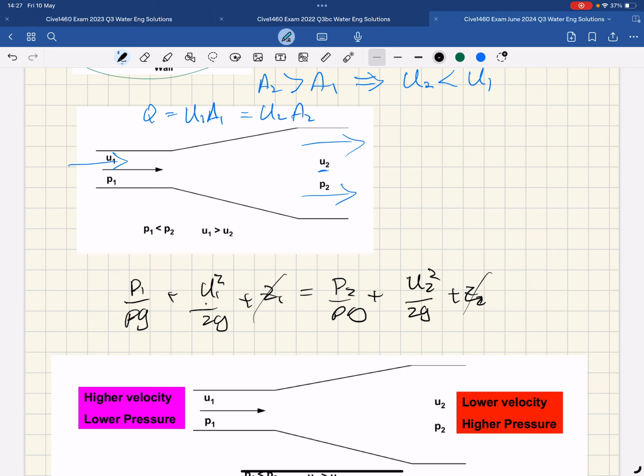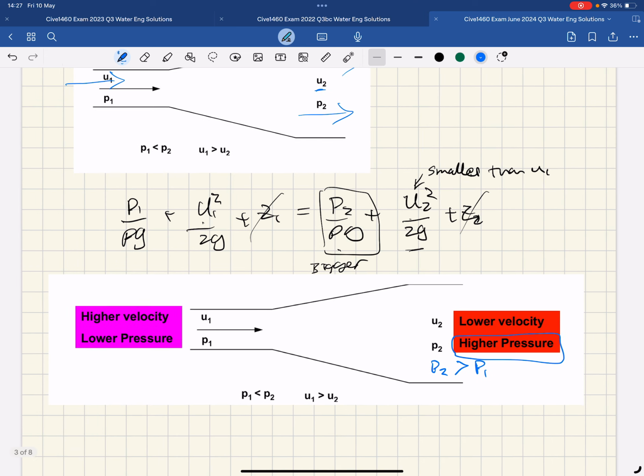Now, if U2 is smaller than U1, so if this term has got smaller, this term must be bigger. So pressure has increased in the direction of flow. So P2 is greater than P1. Higher pressure at this end.